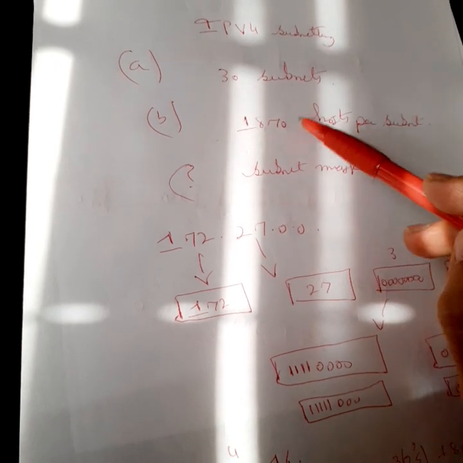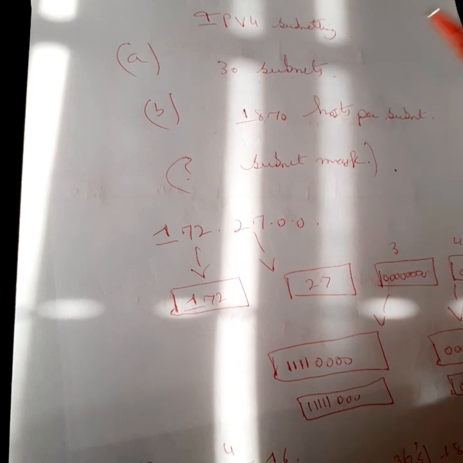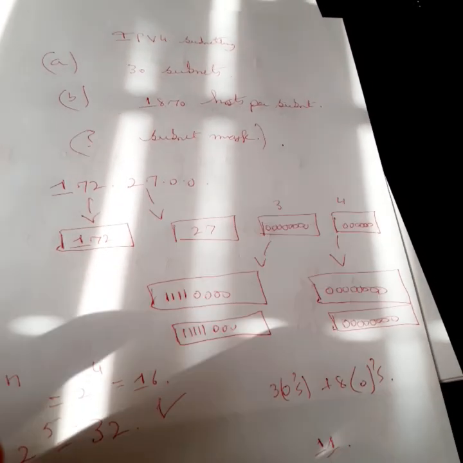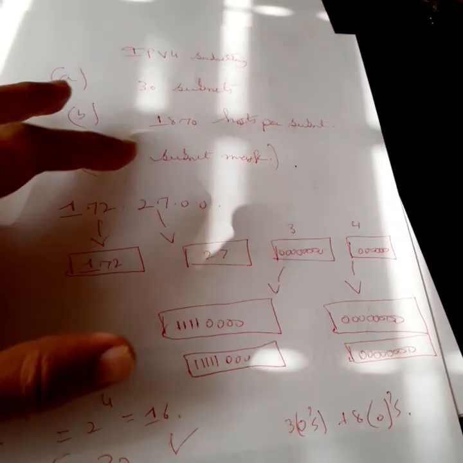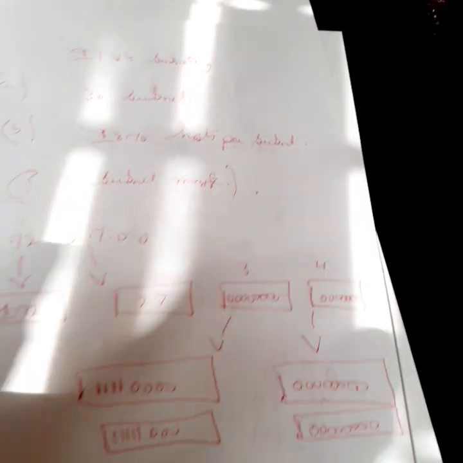So you have to create this much. These people are going to work and we have to distribute them. So as an analysis, it gives you an idea what subnet mask you're going to use to meet these requirements.